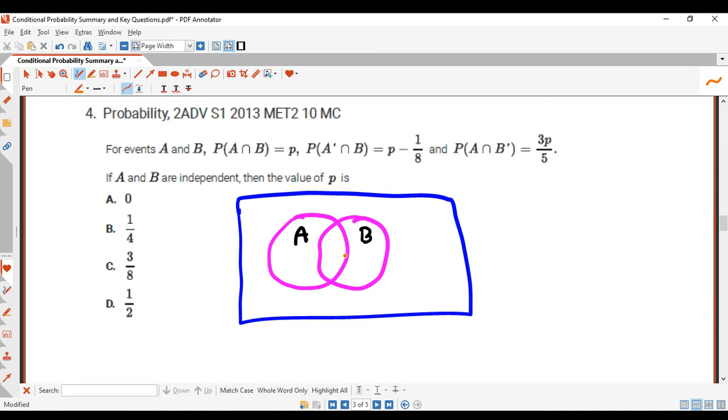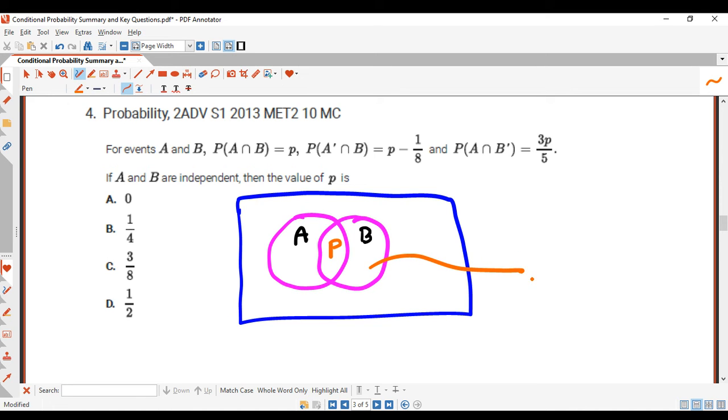All right, now let's choose orange here. Okay, now it tells me that the probability of A and B, which is the intersection, is P. So I'm going to just put down P here. All right. Now, the next thing it tells me is the probability of B and not A. Now, B and not A, if we follow on from the previous question, B and not A will be here. Okay, so this little region here, B and not A. So let me just tag that.